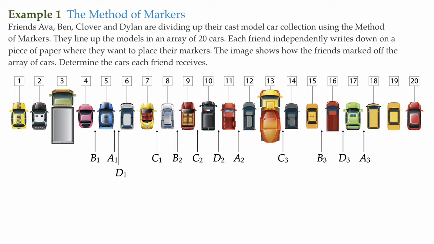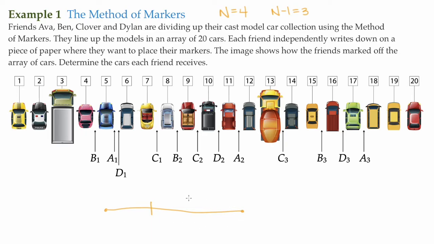So a couple of things to point out. We have 4 players here, Ava, Ben, Clover, and Dylan. So since we have 4 players, there's going to be n minus 1, or in this case, 3 divisions that each player is going to make of this array. And the whole idea is, if you can imagine you have a piece of string, and if we wanted to cut this piece of string into 2 pieces, we would make 1 division or 1 slice.